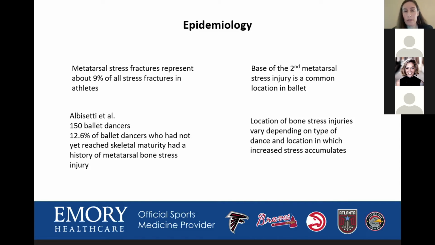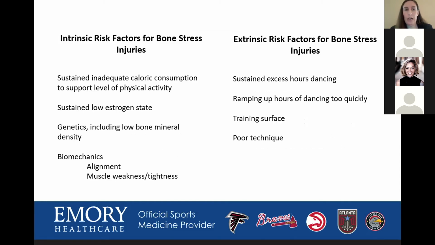But we do know that with the different types of dance, as Jennifer talked through earlier today, the location of bone stress injuries varies widely depending on the type of dance and location in which the stress accumulates. So knowing the different types of dance and what the more common injuries are can be helpful.